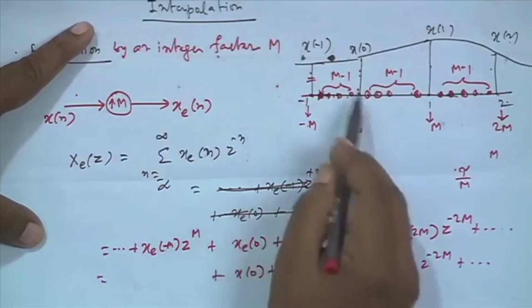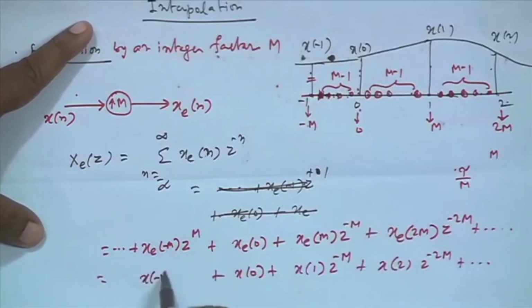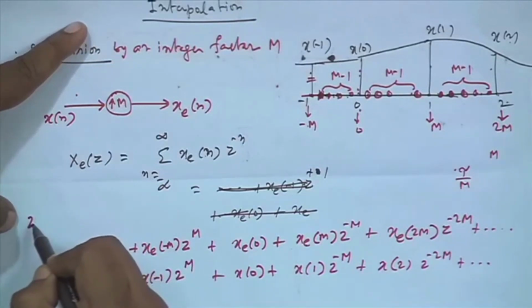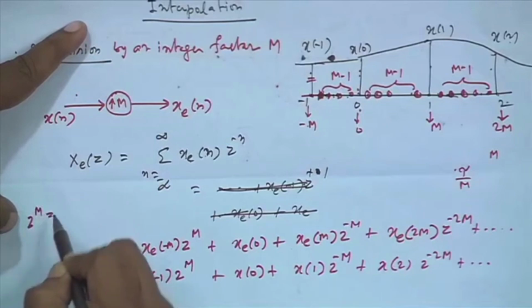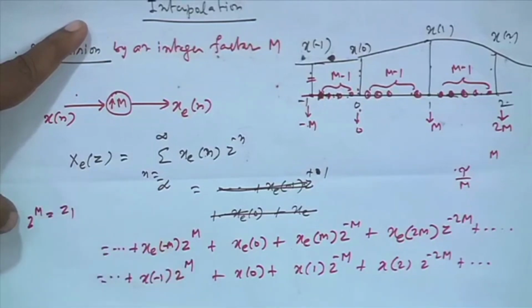What is XE minus M? Original X minus 1. Okay. Now, Z is a complex number. So, Z to the power m is another complex number, you can call it Z1.